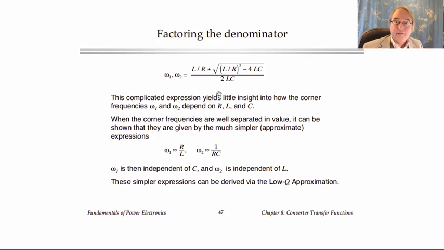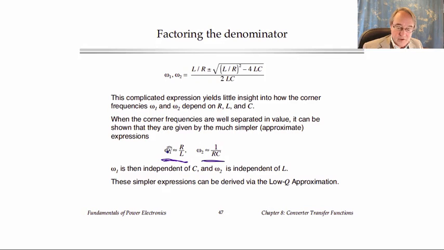It's actually interesting to know that when the Q factor is much less than a half, the two corner frequencies can be approximated like this, where omega 1 is R over L and omega 2 is 1 over RC. So, for example, omega 1 doesn't even depend on C, and omega 2 doesn't depend on L. But you'd never know that from looking at this formula.